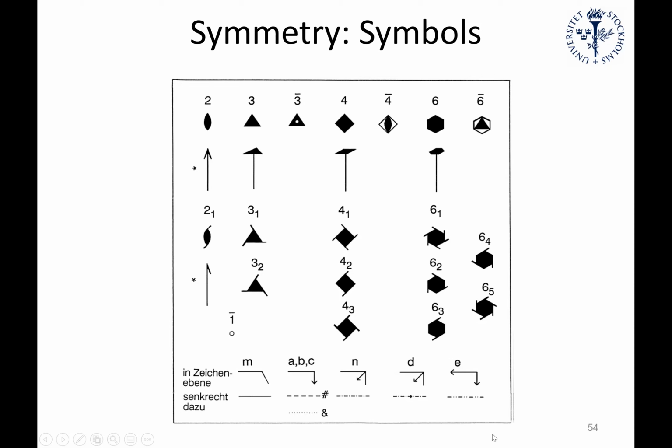An E-glide is a combination of A and B, or A and C, or B and C. So say you have a glide plane that's perpendicular to Z. Then you can have an A glide or a B glide. But if you have both an A glide and a B glide, then we call that an E glide perpendicular to Z. So E is just a combination of two of these three, A, B, and C.